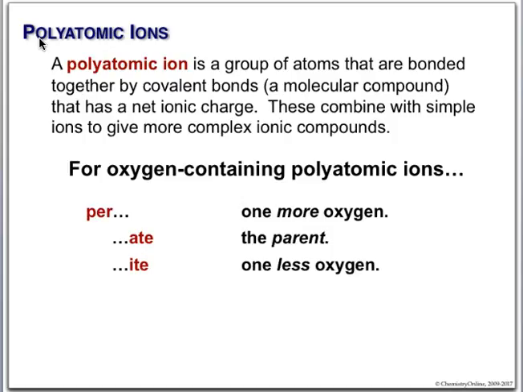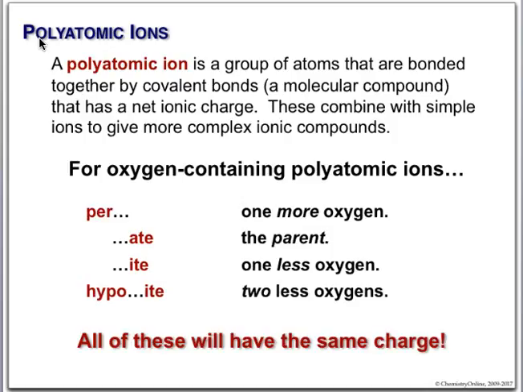If our suffix here is ite, that simply means we have one less oxygen. Now with one less oxygen than our parent, again, our suffix is ite. Sulfite, for example. If we had two less oxygens, we would put a prefix of hypo and stick an ite on the end. So the things to remember, we do per, we do the parent, we do ite, we do hypo-ite.